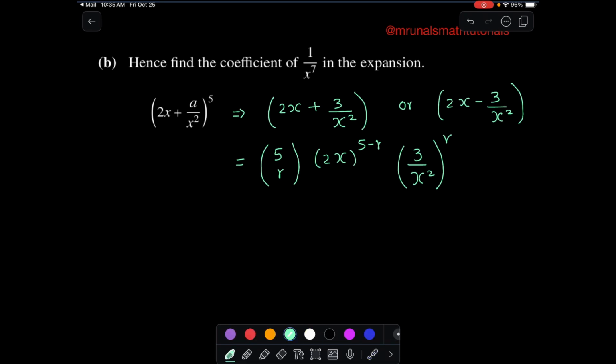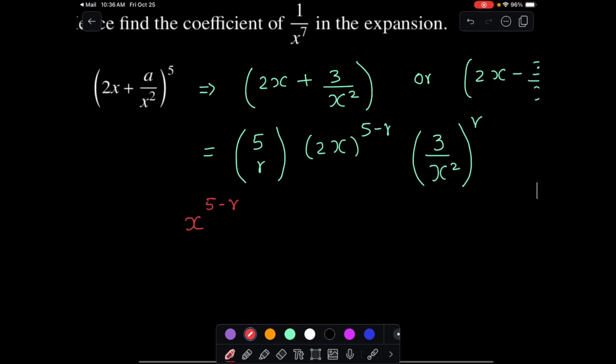So let us calculate the value of r. Set up your equation: x to the power of 5 minus r, times x to the power of minus 2r, is equal to x to the power of minus 7.